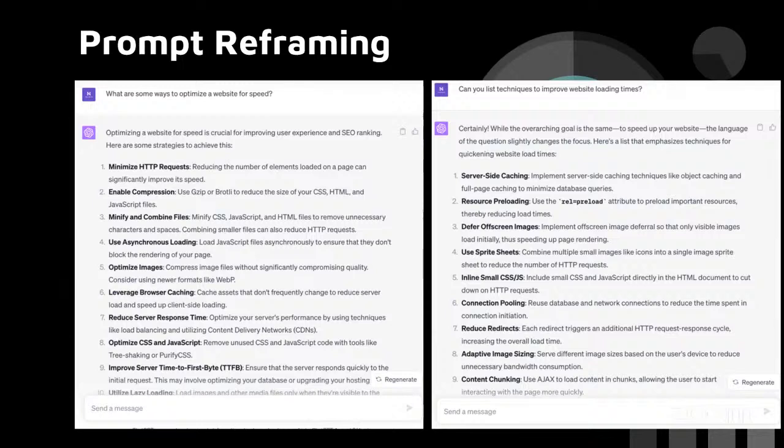Minimize HTTP requests, enable compression, minify and combine files, use asynchronous loading, optimize images, leverage browser caching, reduce server response time, optimize CSS and JavaScript, improve server time to first byte. Over here, you can see I'm asking, can you list techniques to improve website loading times? So it's giving us an answer over here also.